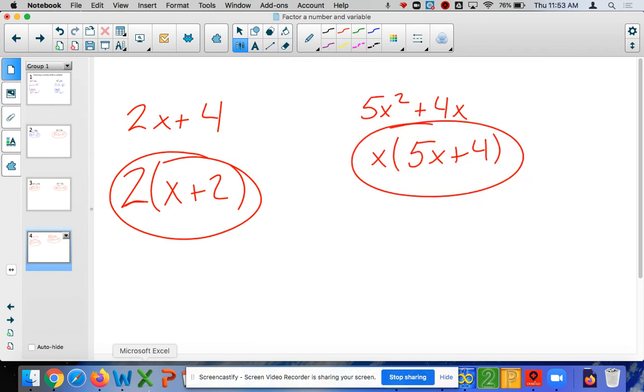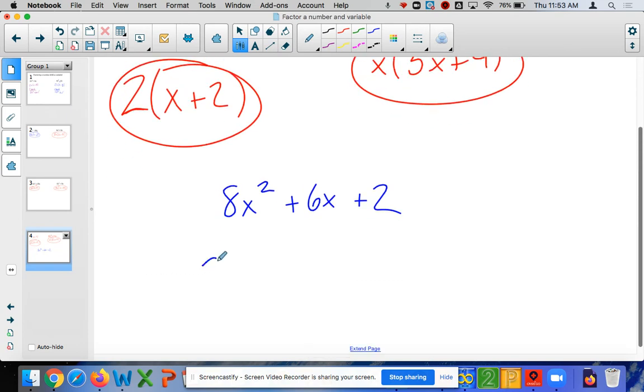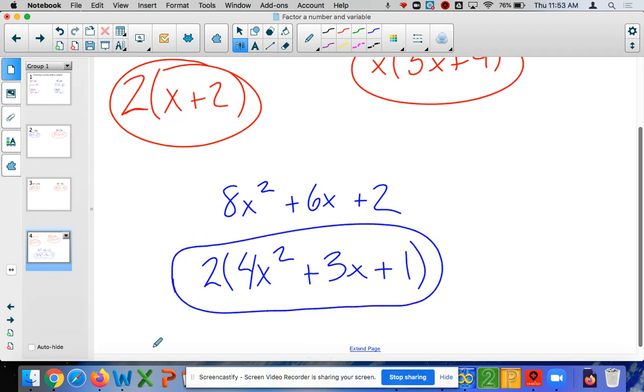So if you see something like, I don't know, 8x squared plus 6x plus 2, you'll see that you'll need to factor out the 2 because they're all even. And you'll be left with 4x squared plus 3x plus 1. You'll be asked to factor some stuff like that as well.